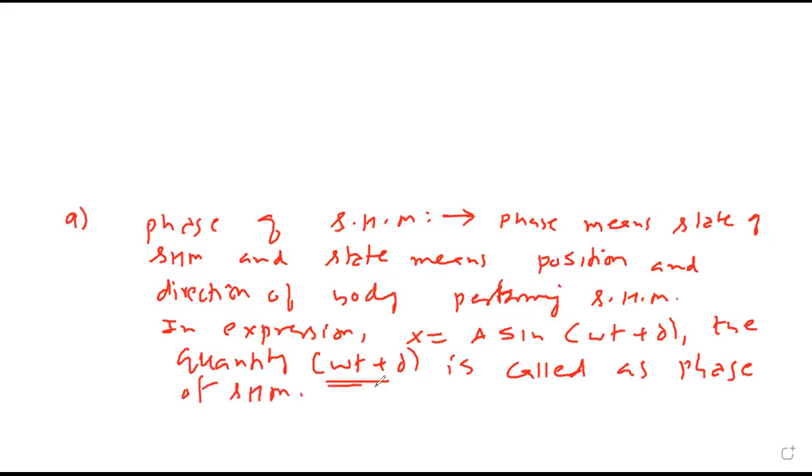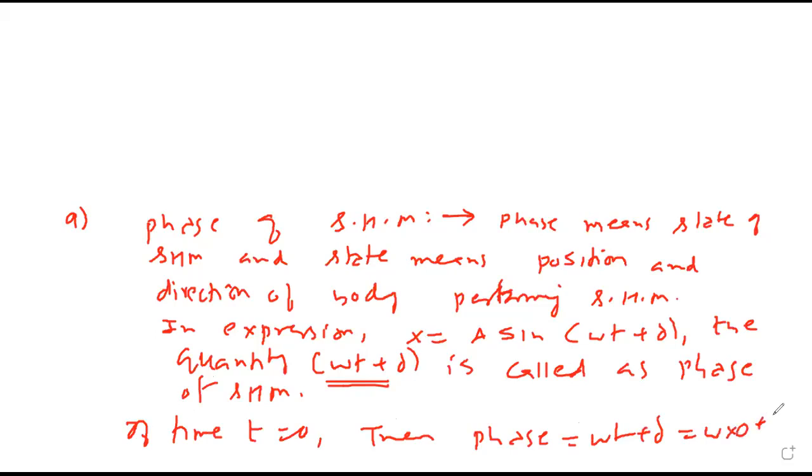When you change this quantity, we get the change in value of x. So that gives me position and direction at any instant. If time is 0, that means if t is 0, then phase omega t plus delta will become omega into 0 plus delta, that is only delta. Correct?